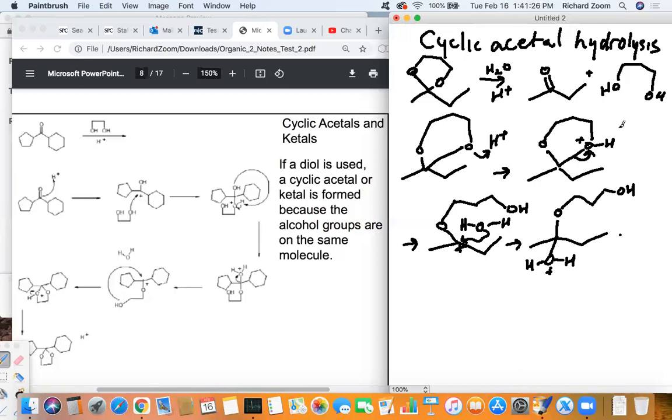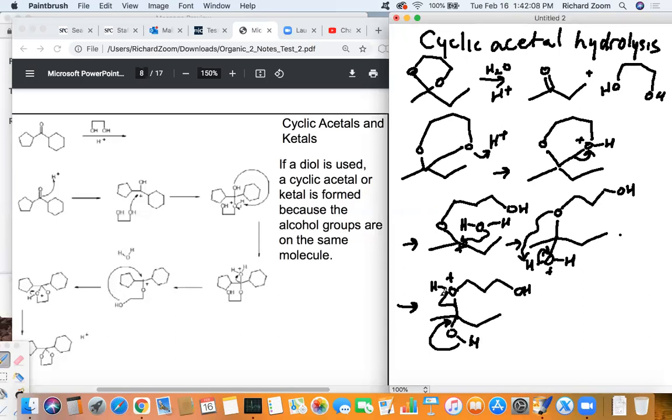Now we know also by looking at the product that this group is no longer attached to the carbon chain. So we know that that's going to get protonated. And then I don't mind this being shown in one step here.